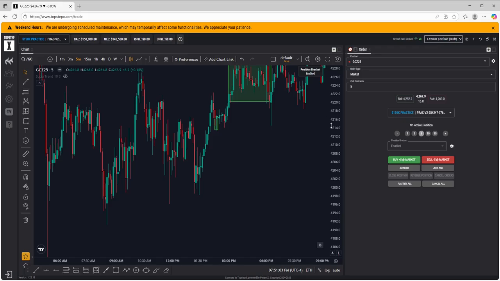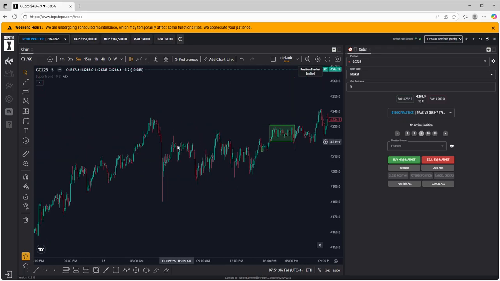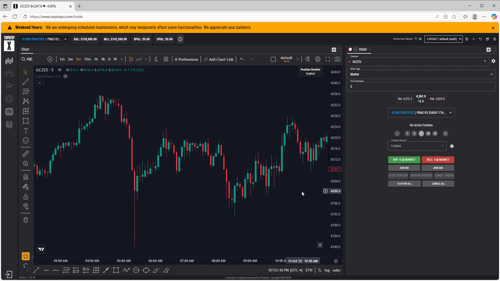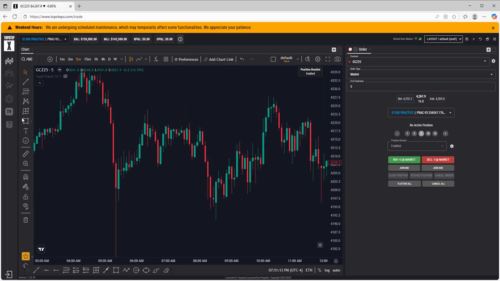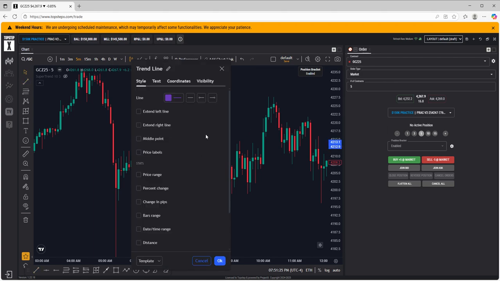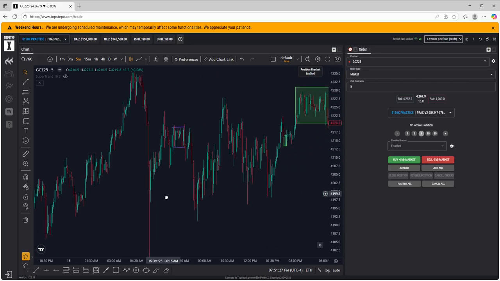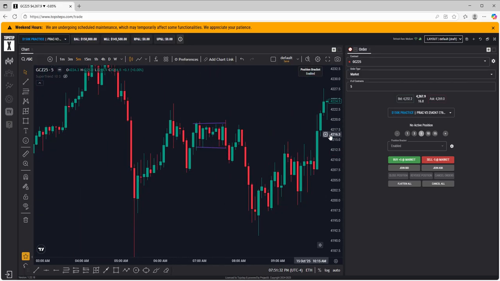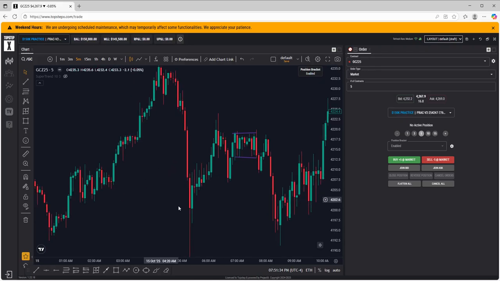So just being able to identify zones like this. Okay, let's look in here. Let's see if something goes on in here. We got a bunch of liquidity right here, inner and outer. So previously, we were in an uptrend.